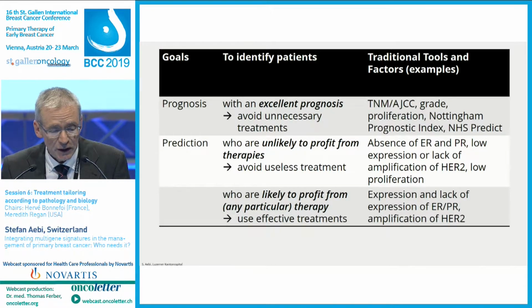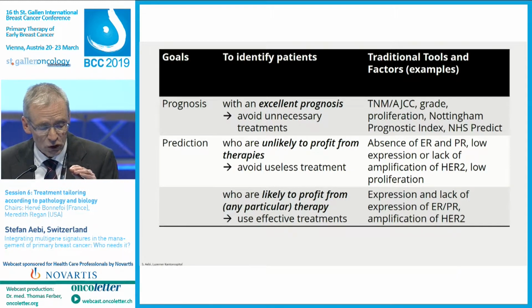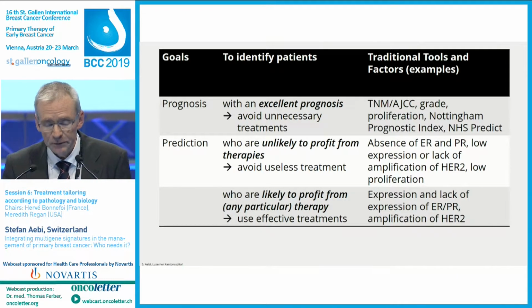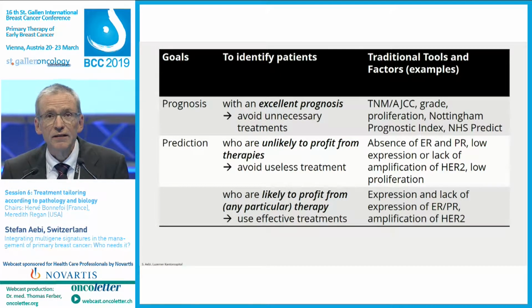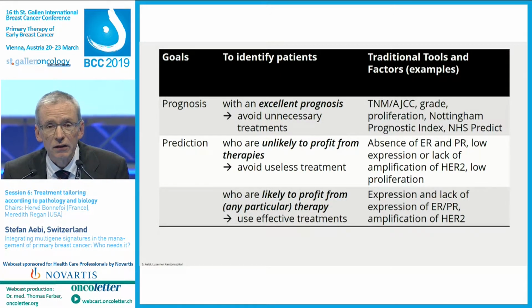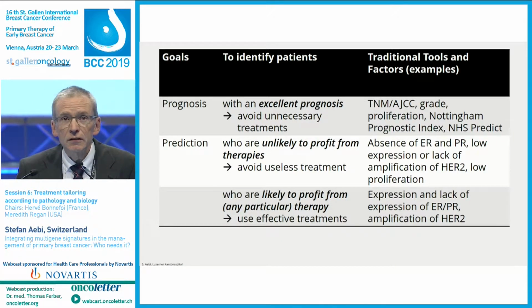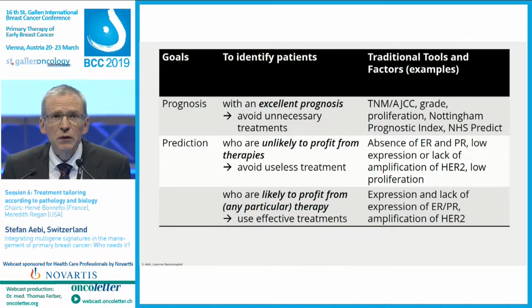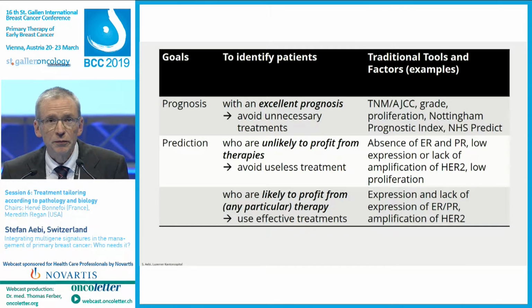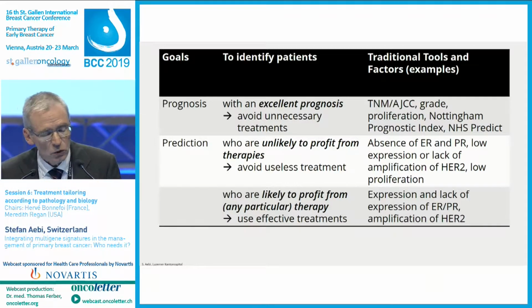We'll try to identify patients who are unlikely to profit from therapies so as to avoid useless treatments. Again, we have classical examples like the absence of ER and PR that will predict for the lack of efficacy of endocrine treatments. And there are other examples around. Of course, we'd also like to identify patients who will profit from any particular therapy to use effective treatments. And here, HER2 expression is one of the traditional examples. So we need to move beyond that.